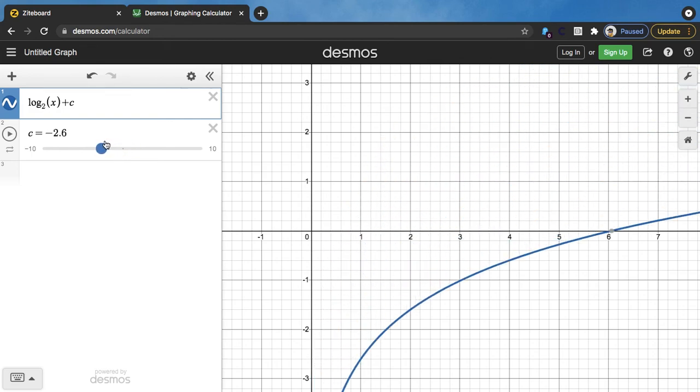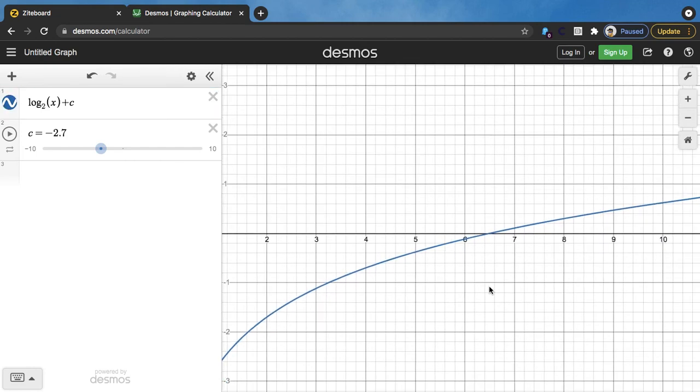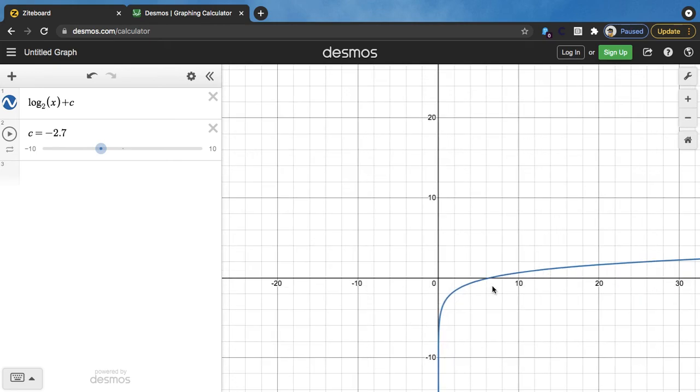The shape does not change, but how the examiner knows that you have done it correctly is you show the correct x-intercept. For every given value of c, when the vertical translation changes, you can show the change in the x-intercept. Otherwise, the shape remains the same. It doesn't change at all.